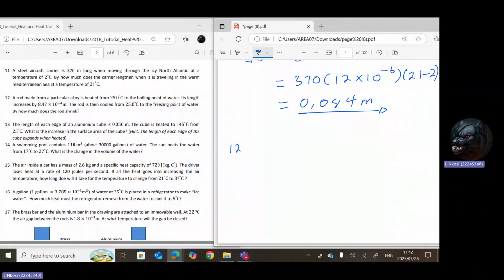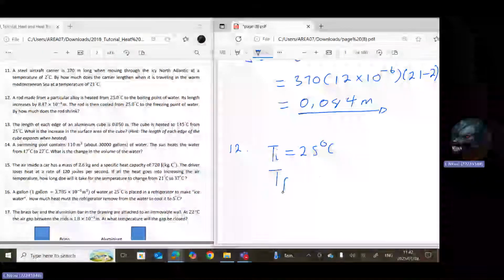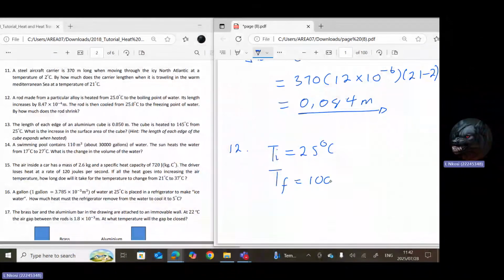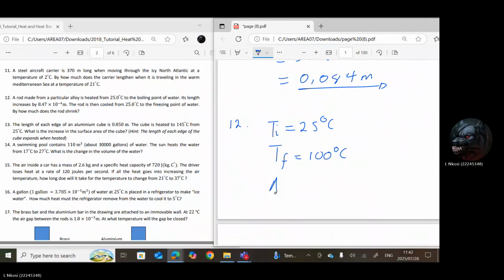A rod made from a particular alloy is heated from its initial temperature of 25 degrees Celsius to the boiling point of water, so its final temperature is 100 degrees Celsius. Its length increased by 8.47 times 10 to the minus 4 meters.